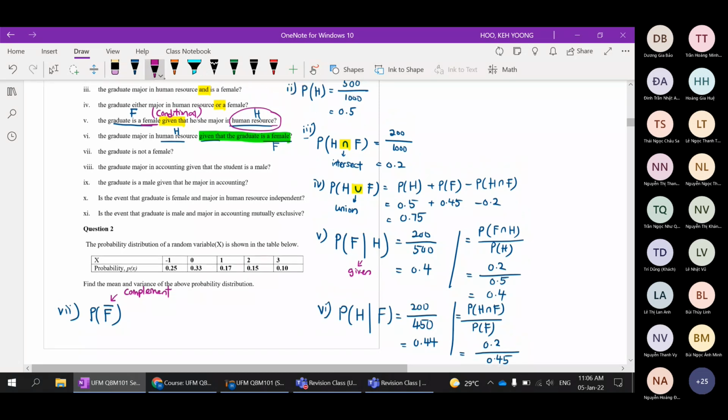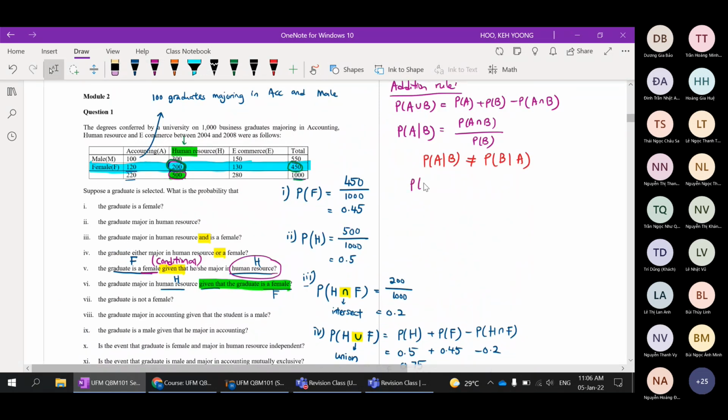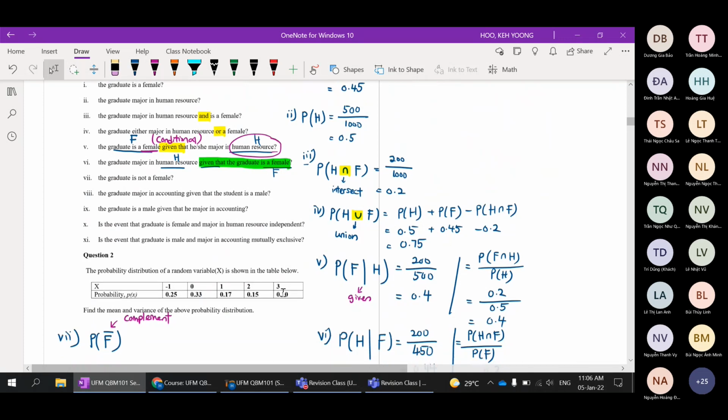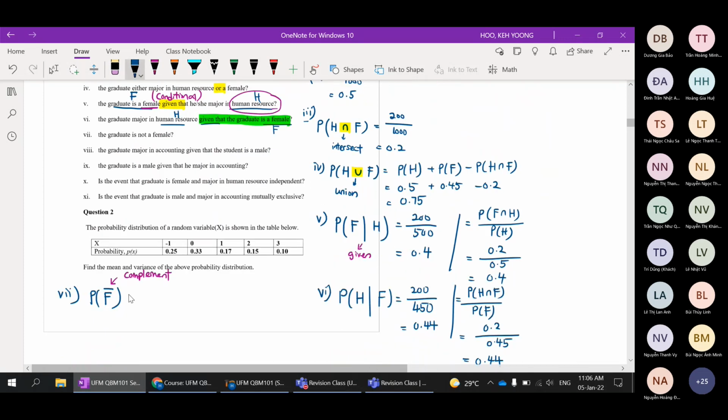So let's write down the formulas. If you want to find A complement, you take the total probability, which always equals 1, minus the probability for A. In this case, you take 1 minus the probability for female.